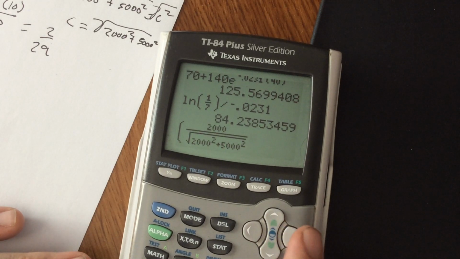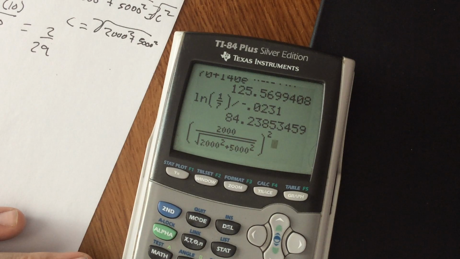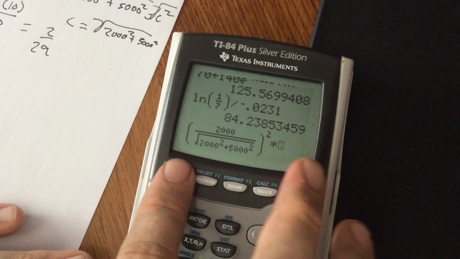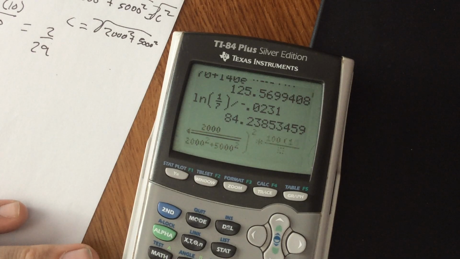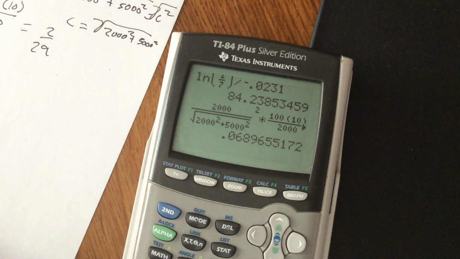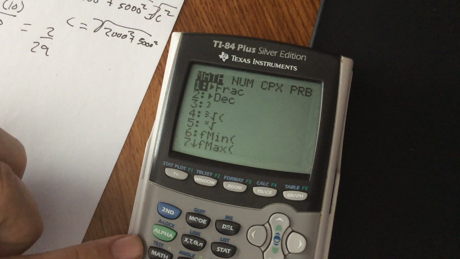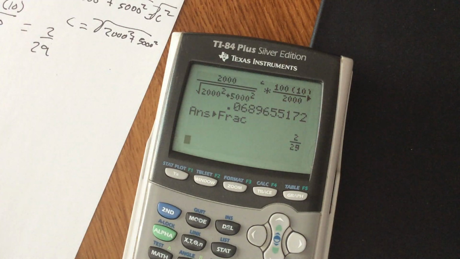And I'm going to close my parentheses, and then raise it to the second power. That is then going to be times, and again, we're going to need a fraction. On top, we have our 100 times 10. On the bottom, we're going to have our 2,000. When you do that, you get this decimal. And if we hit math, frac, there's our 2 over 29.